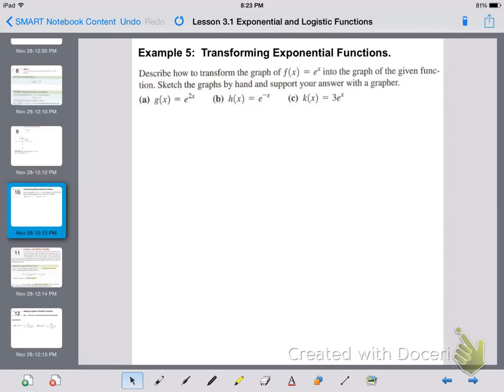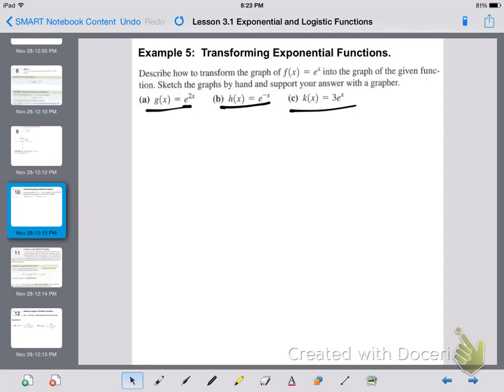Okay, now in example 5, we're back to the transformations again and describing them. So we have f of x equaling e to the x, and we want to describe the transformations that take us from that to these three functions. So for A here, we have g of x equaling e raised to the 2 times x. So we're multiplying x by 2.